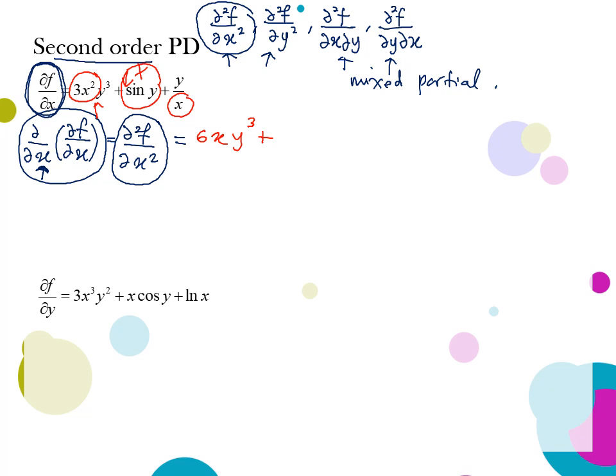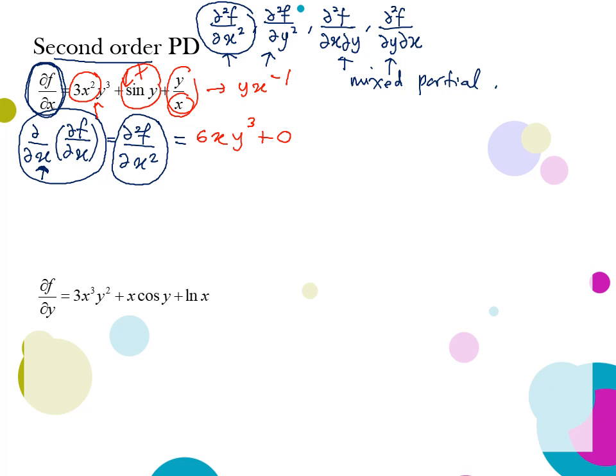So you treat y as a constant. When you differentiate a constant, what will you get? You will get 0. So this one, differentiating 1 over x, you can rewrite this to y x to the negative 1.